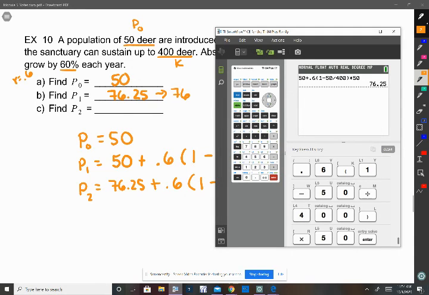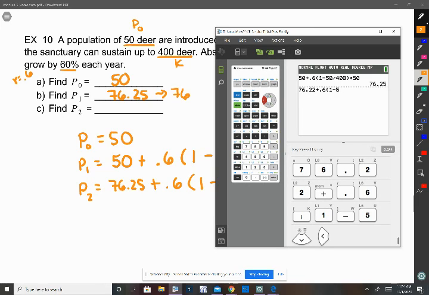So again, when you put that in, you're doing 76.25 plus 0.6, and then parentheses 1 minus, not 50, 1 minus 76.25 over 400, because that's your carrying capacity.